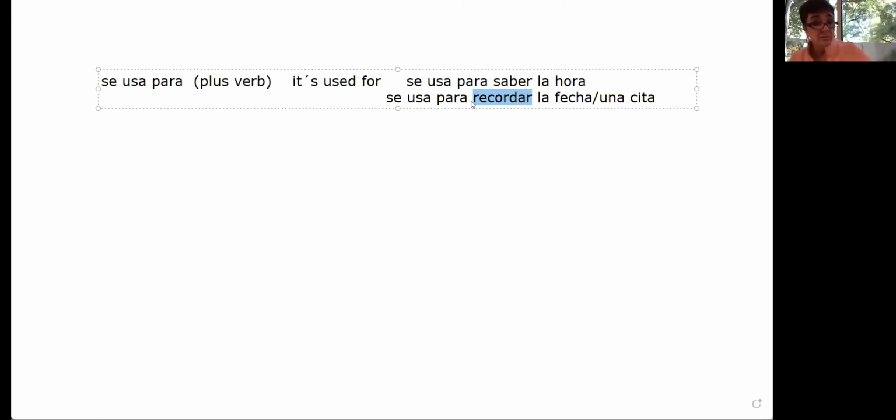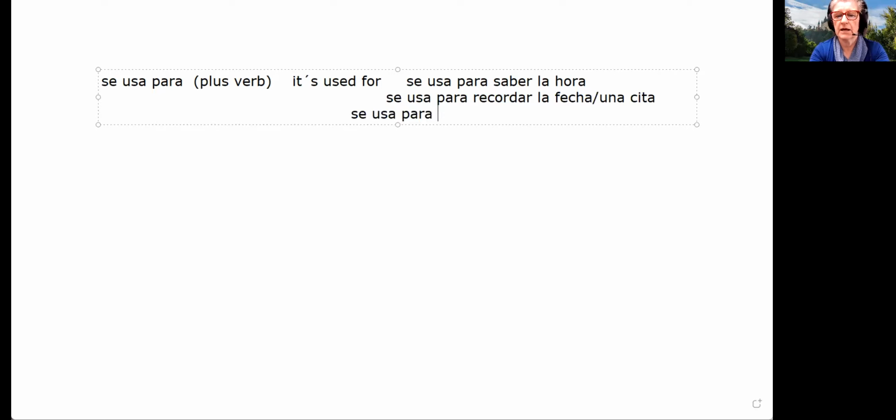So no conjugating, right? If I were describing, instead of reloj, instead of calendario, por ejemplo, if I were describing un camión, a truck, I might say, se usa para llevar cosas muy grandes.